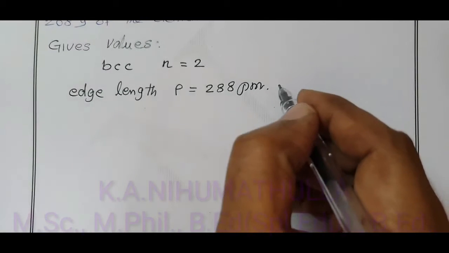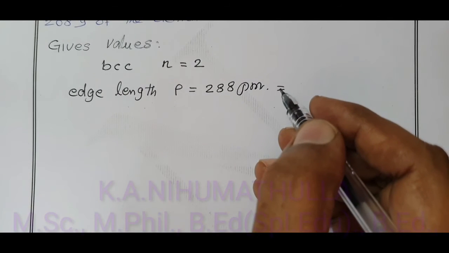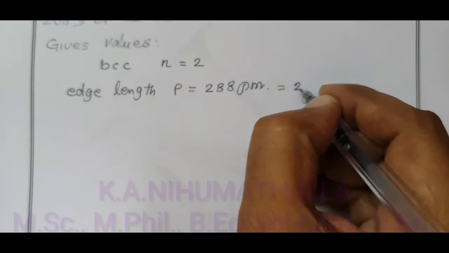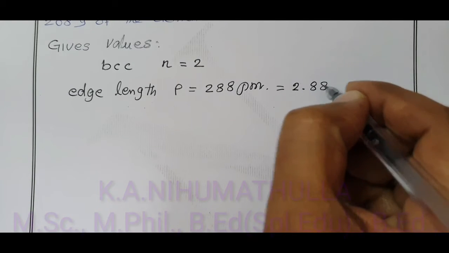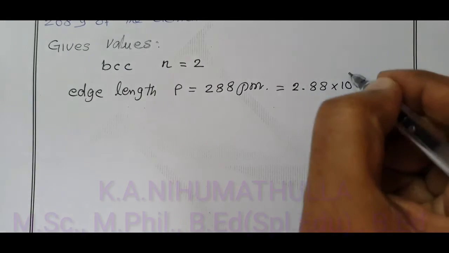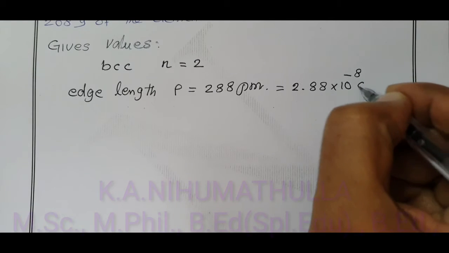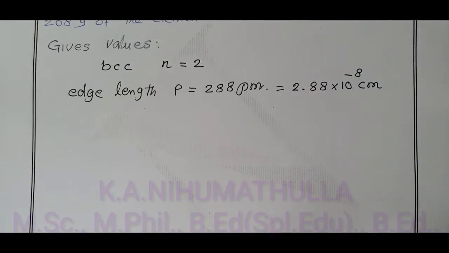In scientific notation, when we write this, 2.88 into 10 power minus 8 centimeter. This is the edge length value.